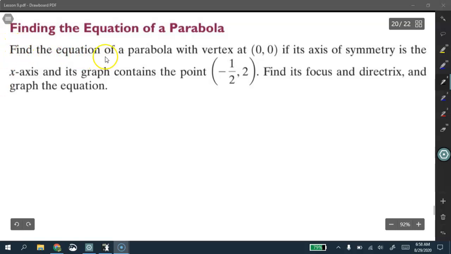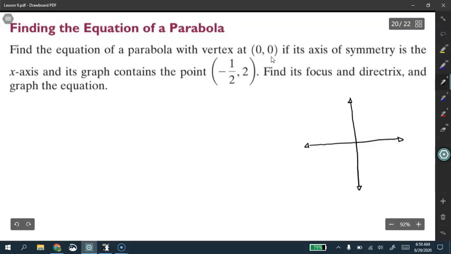It says find the equation of a parabola with vertex at 0, 0. So what we're going to do, as I told you, is a very intelligent choice: make a graph actively. As they're telling you stuff, just put it on the graph. You'll find that the problem is a whole lot easier to do.